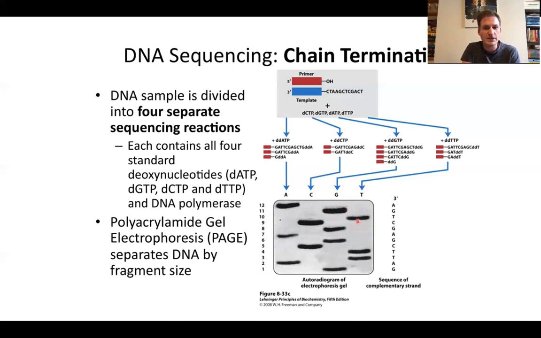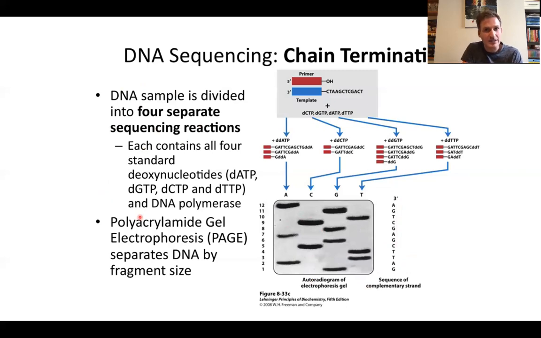So that must mean that the 10th position is thymine. And again, we can work our way down, down, down, and then we can reconstruct the DNA sequence. So we have A, G, T, C, G, A, G, C, and so on. So using these 4 separate reactions, we can work out the DNA sequence.